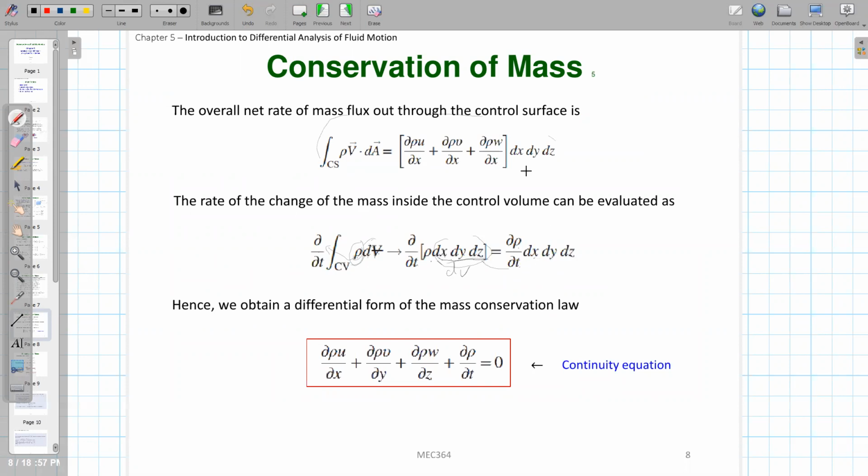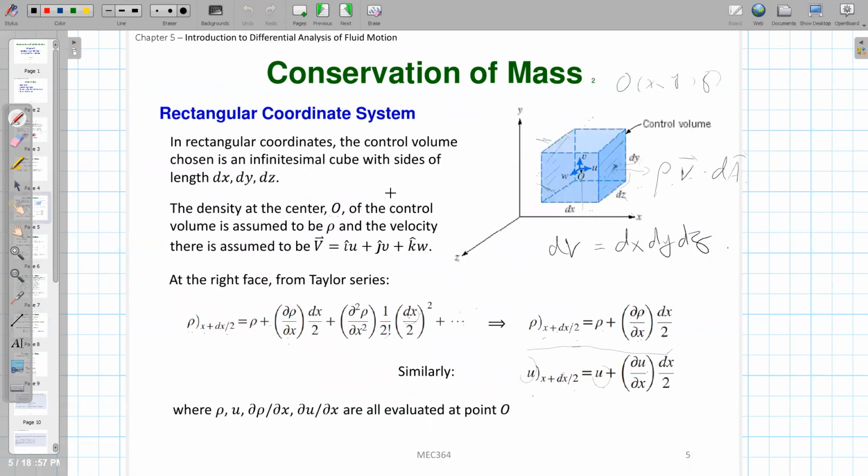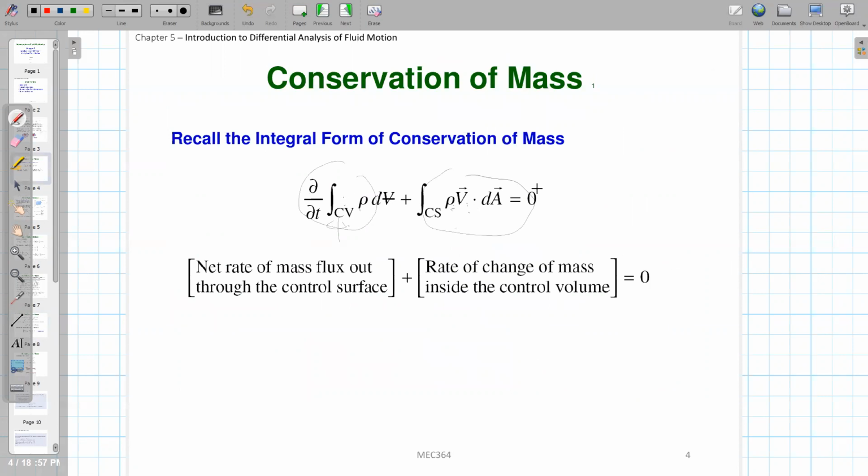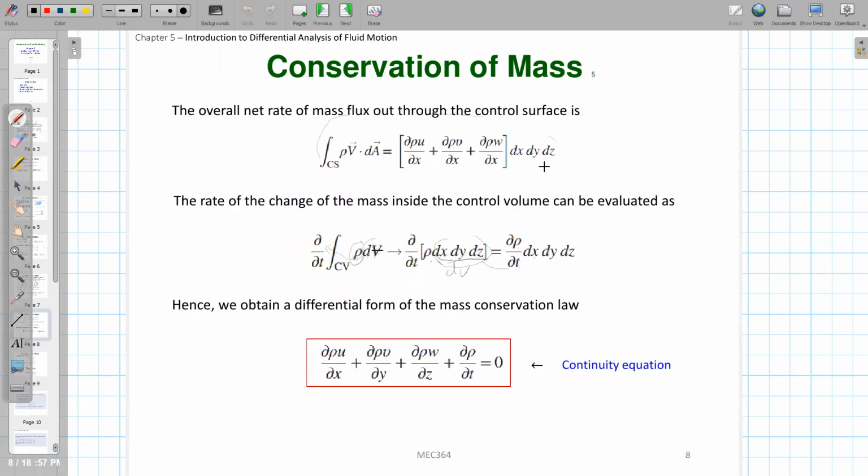Remember that for this mass conservation, we only have 1 term, right? This one plus this one equals 0. So now we get the result for these 2 terms, which means this one plus this one goes to 0.